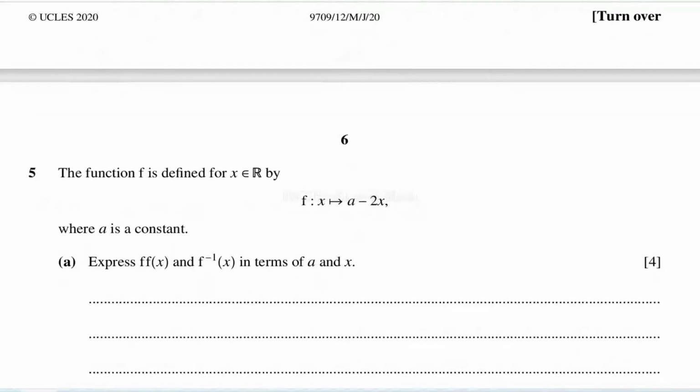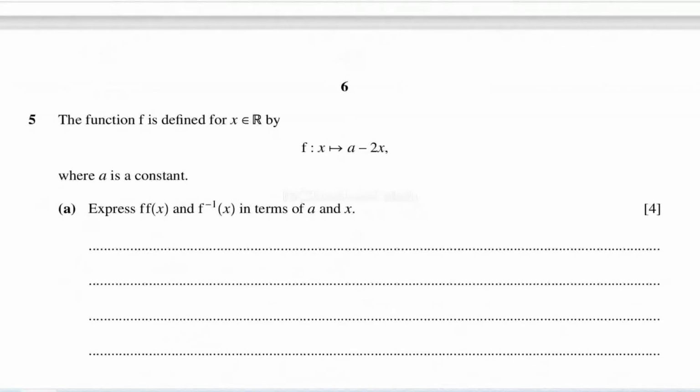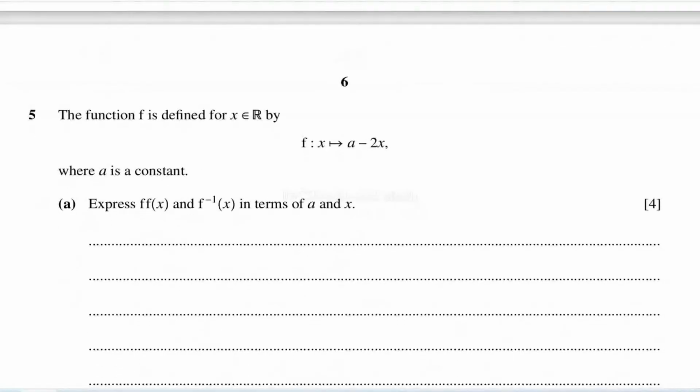Next, question number 5. The function f is defined. So f of x is given, where a is a constant. Express f of f of x and f inverse of x in terms of a and x. First, let us calculate f of f of x. So we need to substitute f of x in f of x.